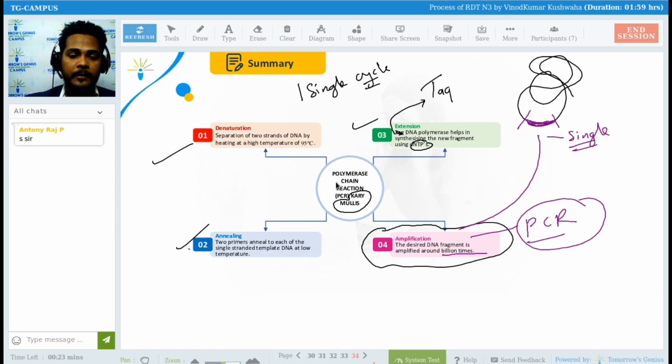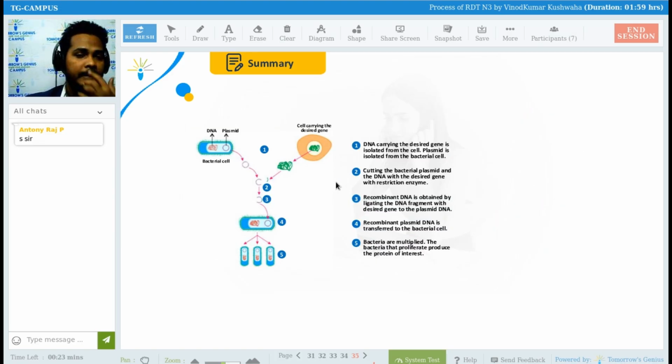So this is about PCR. Now here you can see the steps we studied, how to isolate and multiply the desired gene in a bacterial colony. The first step is to isolate your desired gene, the gene of your interest, like insulin or some vaccines.